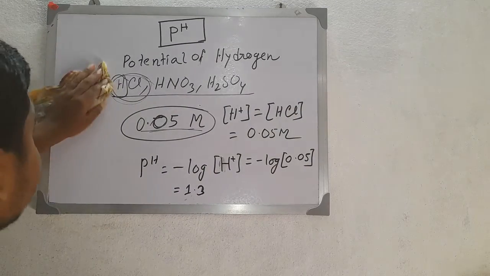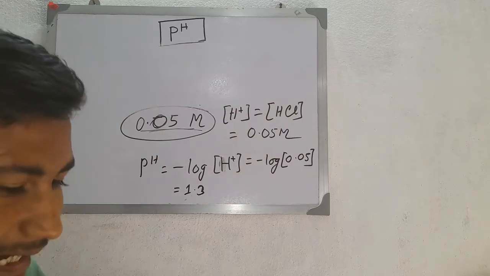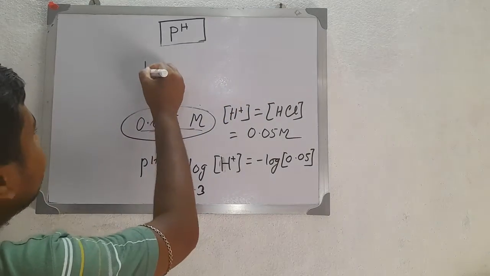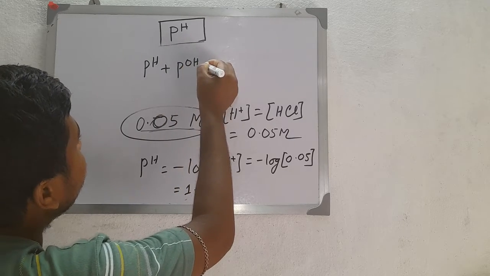Now another basic point: we know that pH plus pOH equals 14.